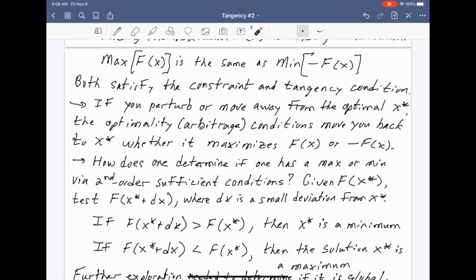And if you find that the value at that point is higher than the value of f of x star, then you've got a minimum. If you find it's lower, then you've got a maximum.